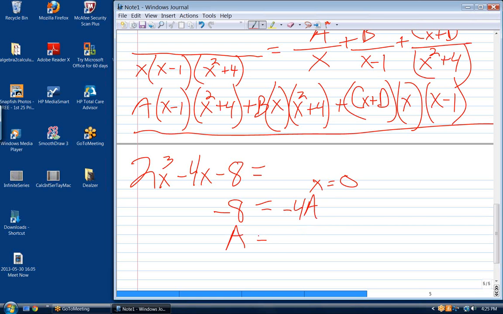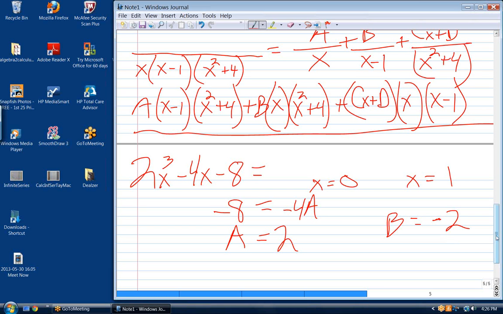So A has to equal 2. And what else can we let x equal to and solve for another letter? 1. Okay, if we let x equal 1, then the A term and the C and D terms will disappear, and I'll be able to solve for B. So B is equal to minus 2.